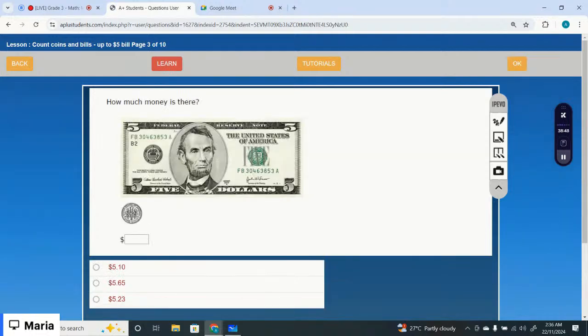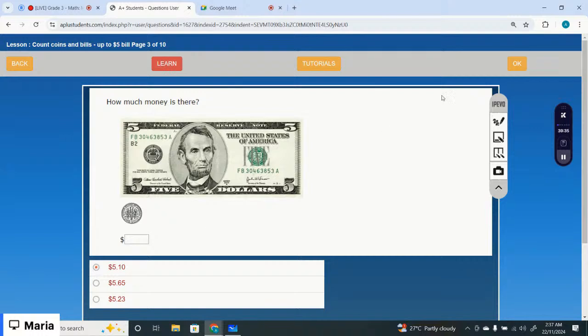How much money is there? Which is the correct option? That is $5.10.